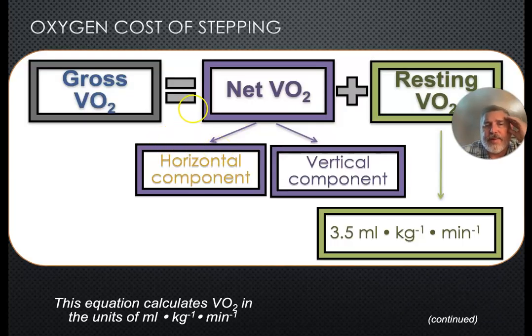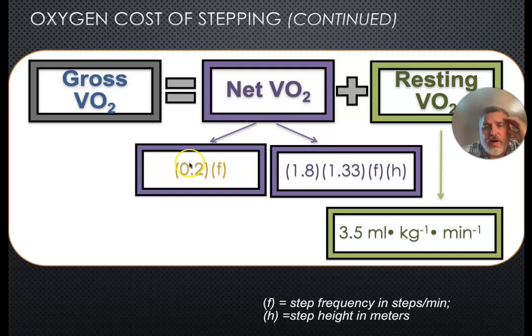The commonalities for stair stepping are that you have the horizontal and vertical component plus resting VO2. I'm not going to ask any questions on this, but I wanted you to be aware that the formulas are very similar, and all you do is plug in the different values for these coefficients, with F being frequency in steps per minute, and height being height in meters.